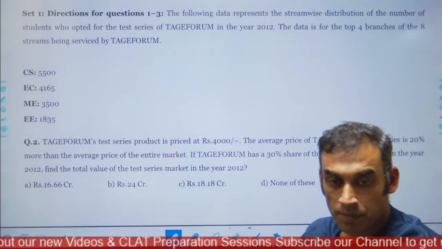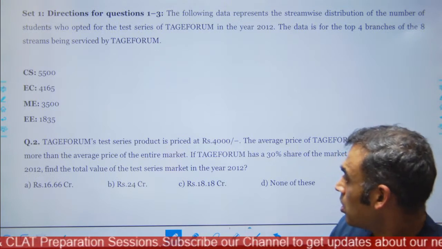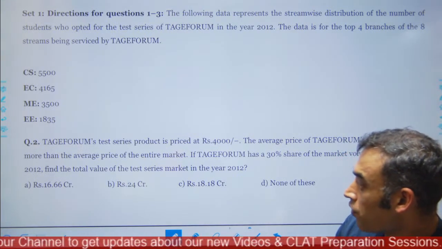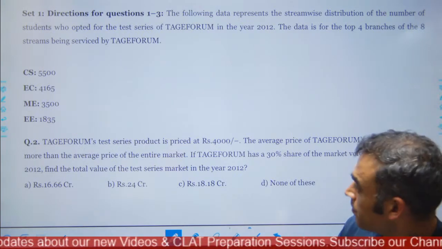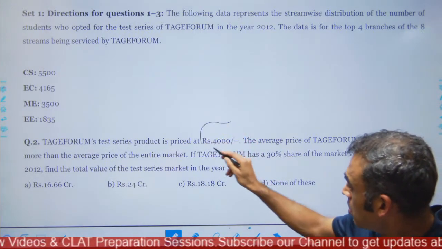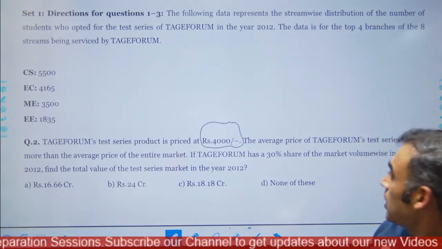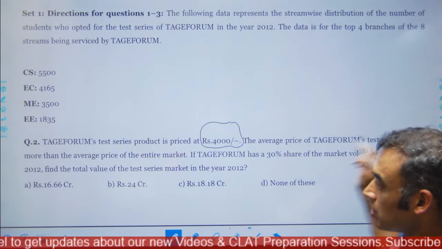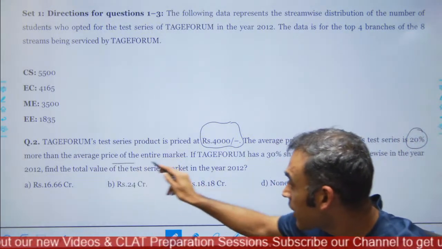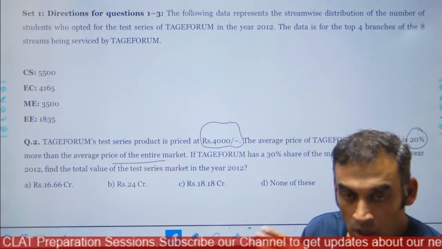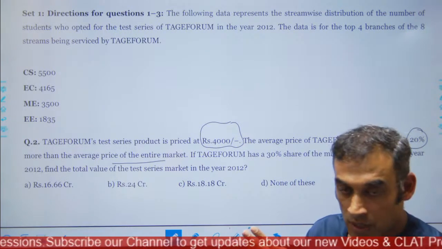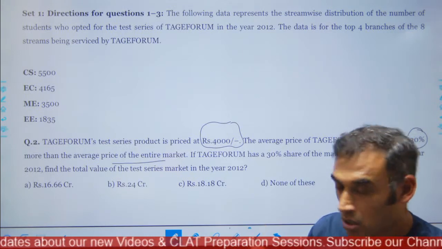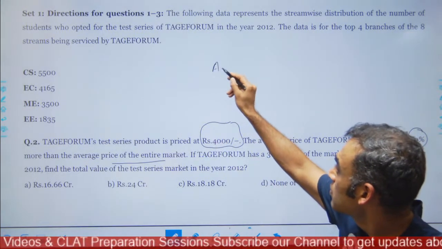Okay, now let's look at this question. Here we are given the pricing of the test series, which is 4,000 rupees, and this test series is 20% more than the average price of the entire market. So first thing first, we calculate the average price of the market.